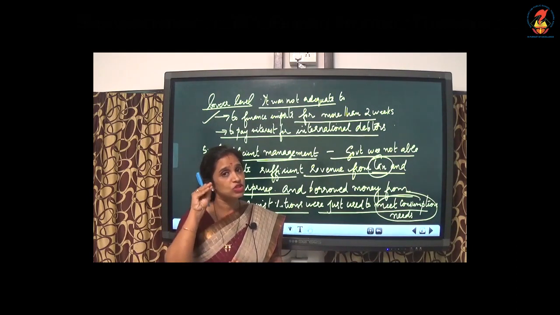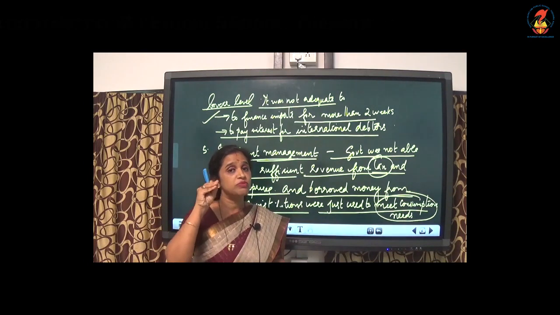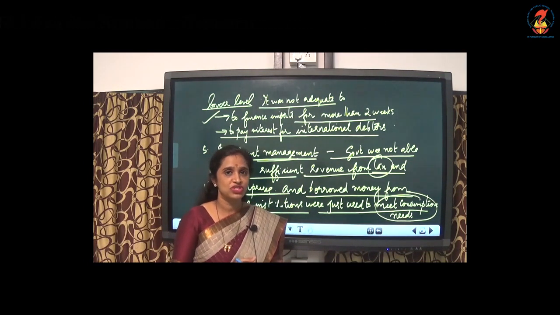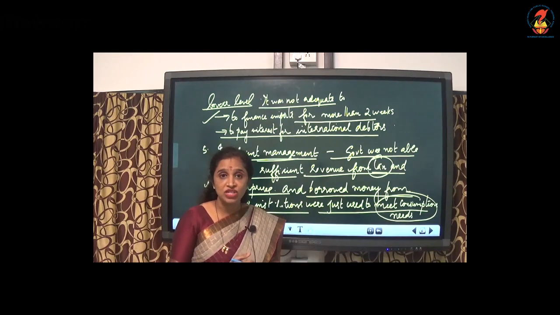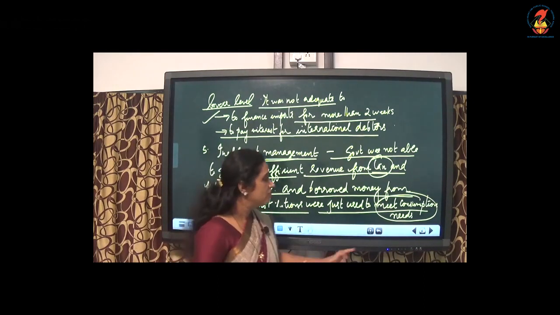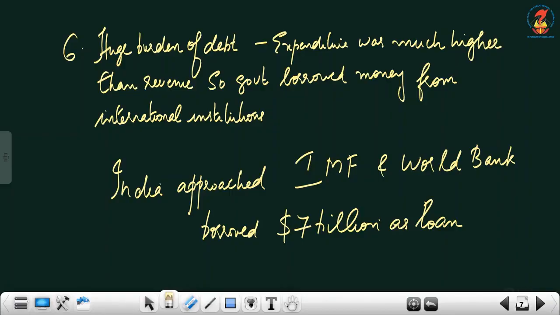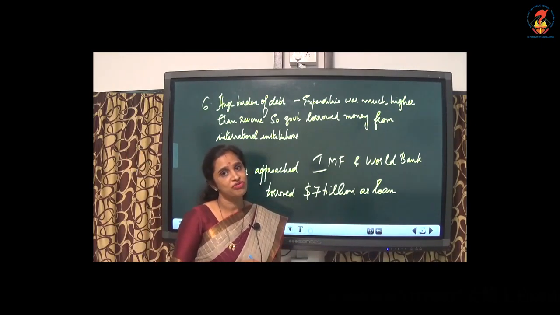The money which was borrowed from the international institutions was used by the government in order to meet their daily needs. That much pathetic the situation was. So, you can just imagine what was the position of the government during that time period. When money is borrowed from international institutions, just think of the other side also. What is it? Interest has to be paid in the form of foreign exchange.